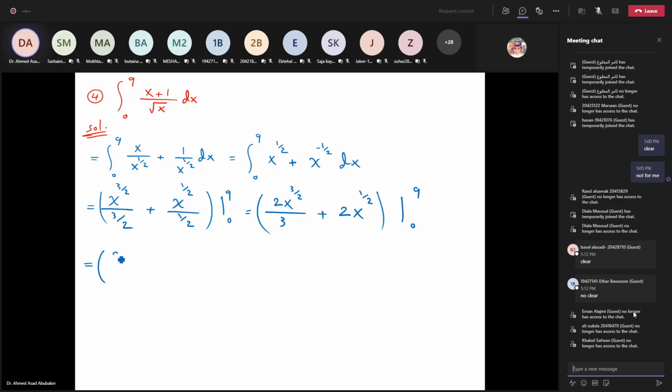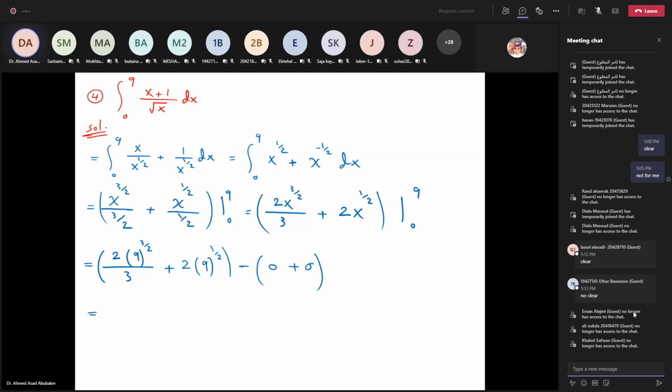Substitute 9: we have 2 multiplied by 9^(3/2) over 3 plus 2 multiplied by √9. Substitute 0, we have 0 plus 0, so this is 0.